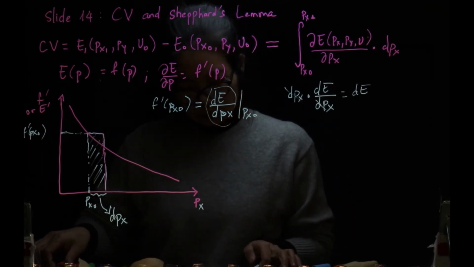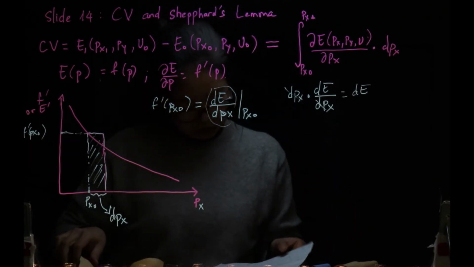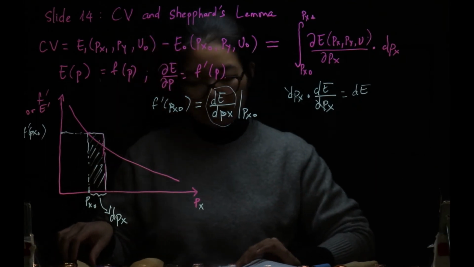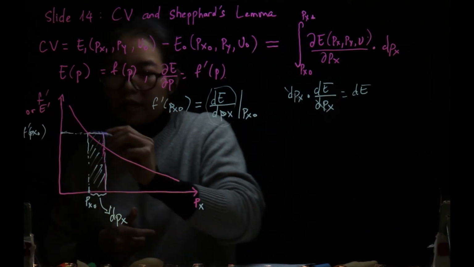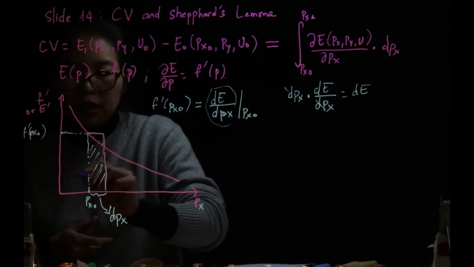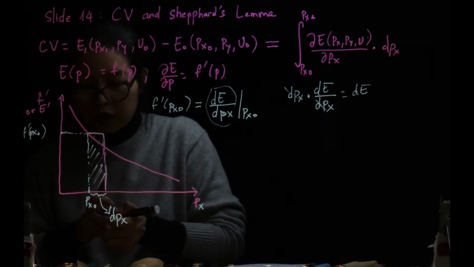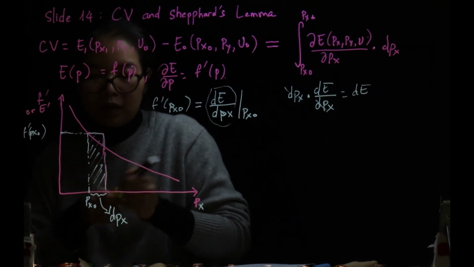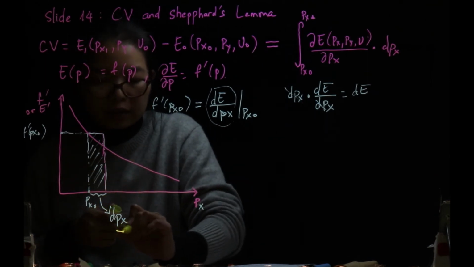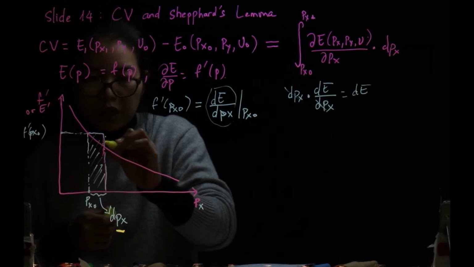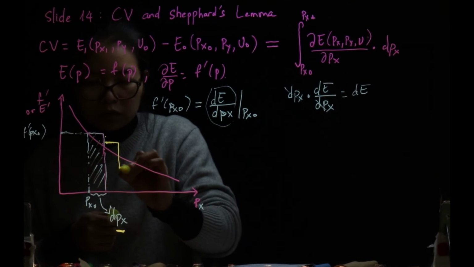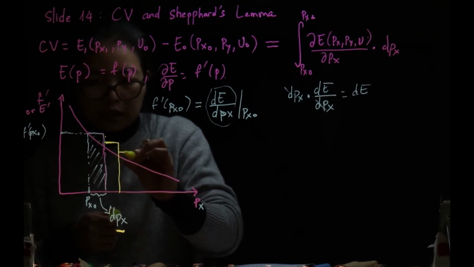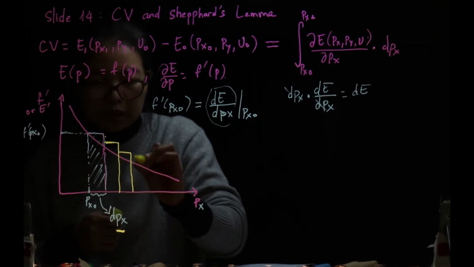So, if we split the area here into many smaller rectangles with the same width dpx, for example here we have another rectangle, and here another one.